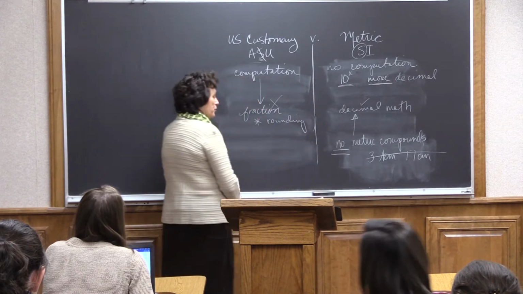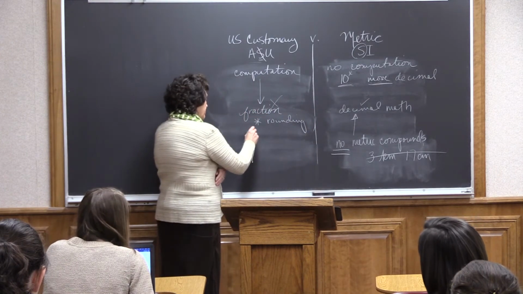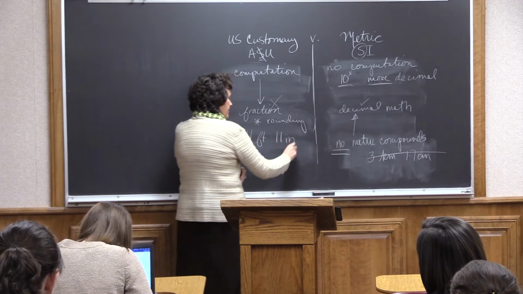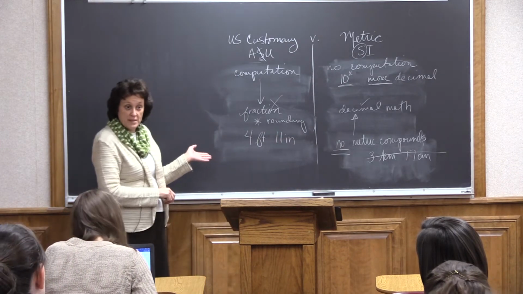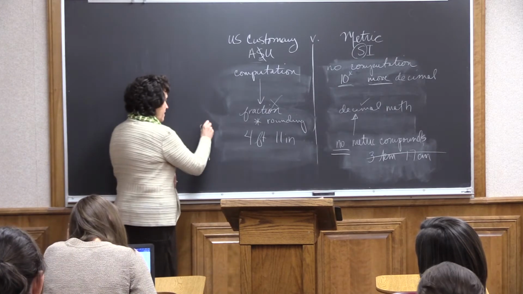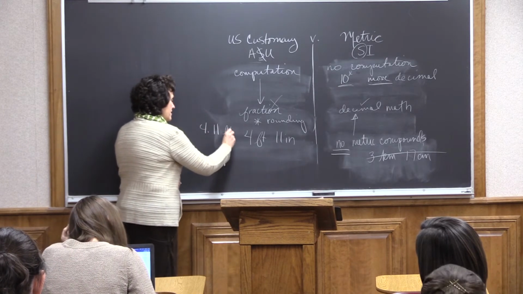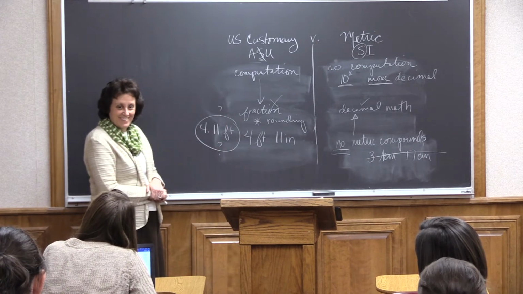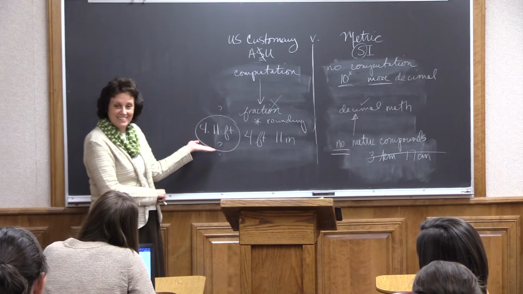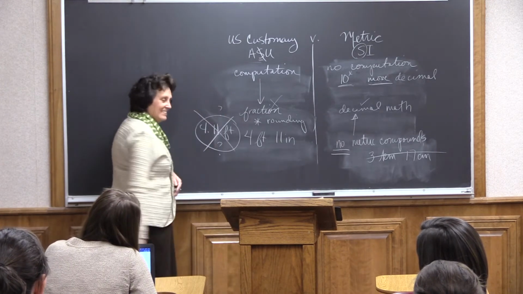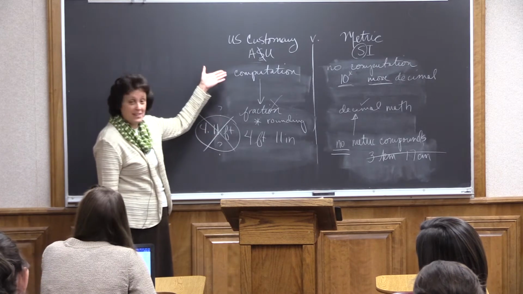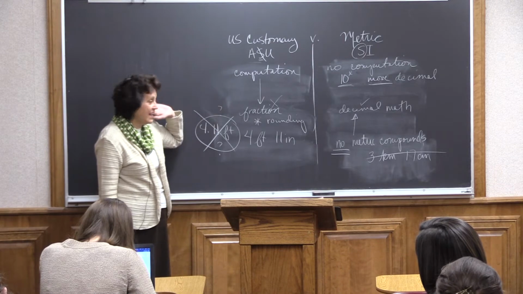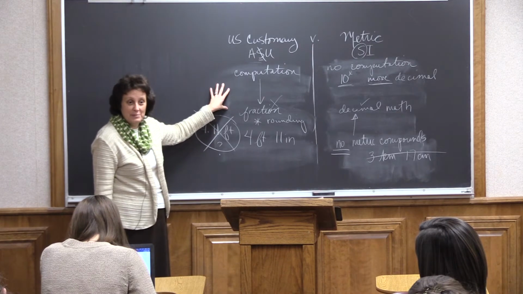I have to do, let's say, 4 feet, 11 inches. Or I have to go to a mixed number. What about that? That's because the U.S. customary system is what? Clumsy, arbitrary, and should be eliminated.